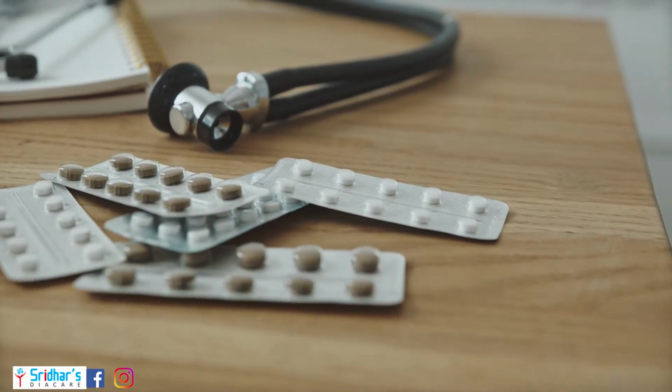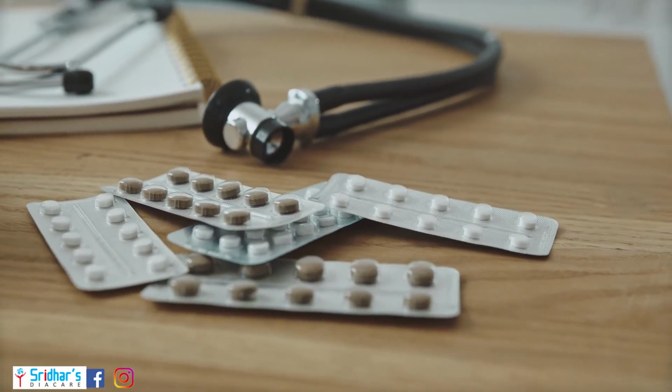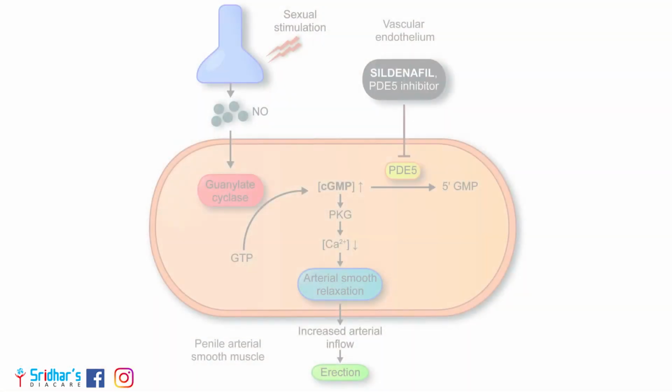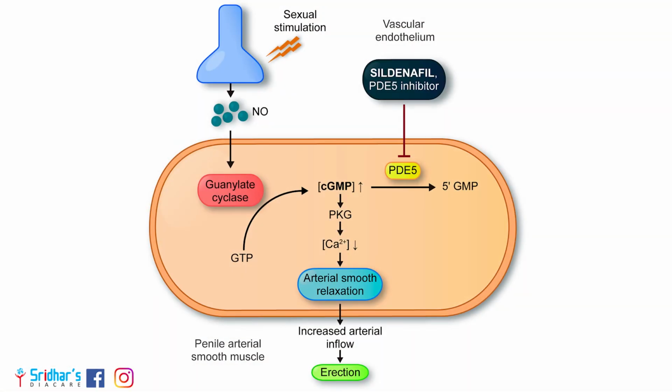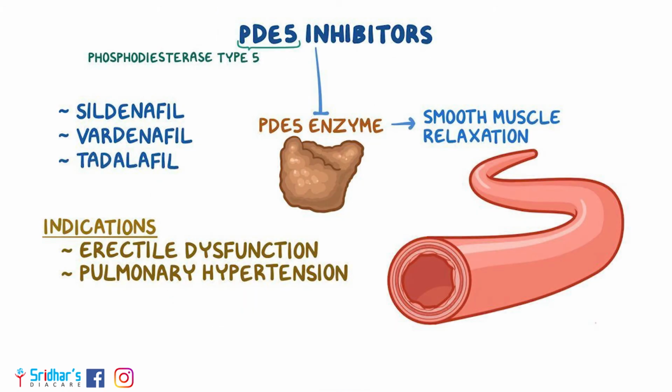These have been shown to work well in many men with diabetes, restoring sexual function. The commonest used drugs are PDE5 inhibitors. The most commonly used among these are sildenafil, tadalafil, vardenafil, and avanafil. These drugs cause an erection by increasing blood flow to the penis.